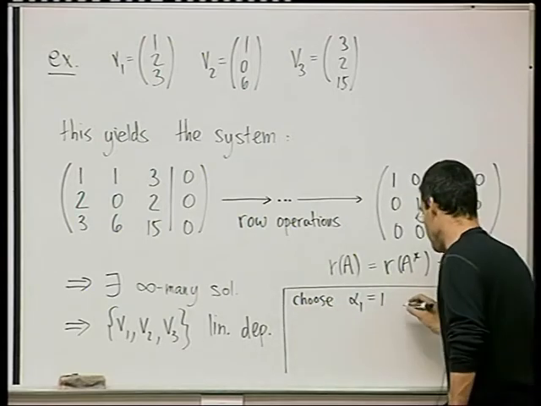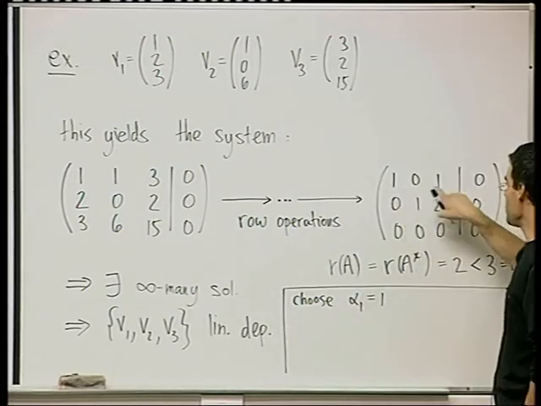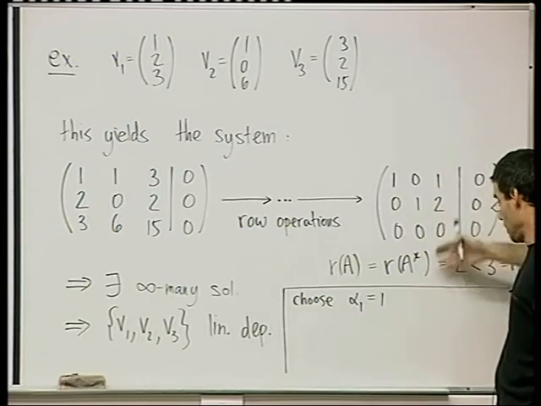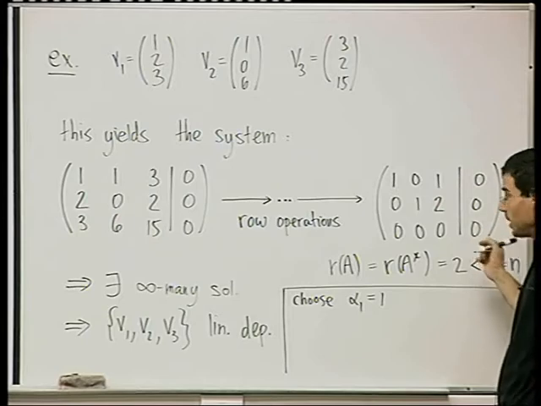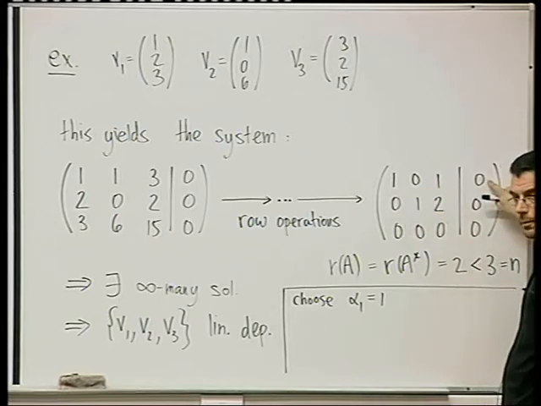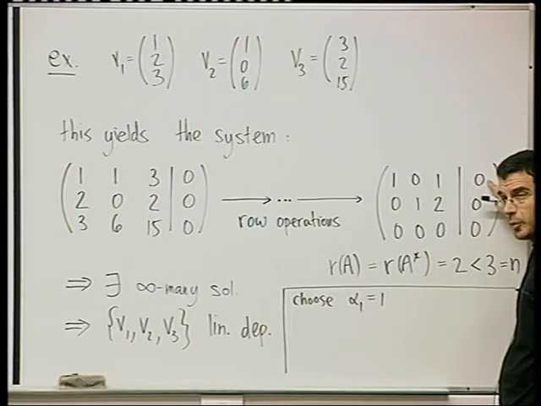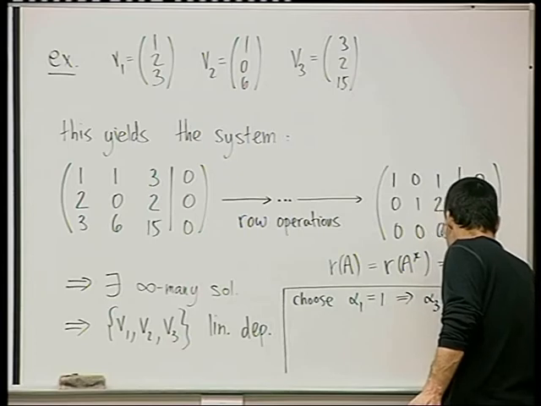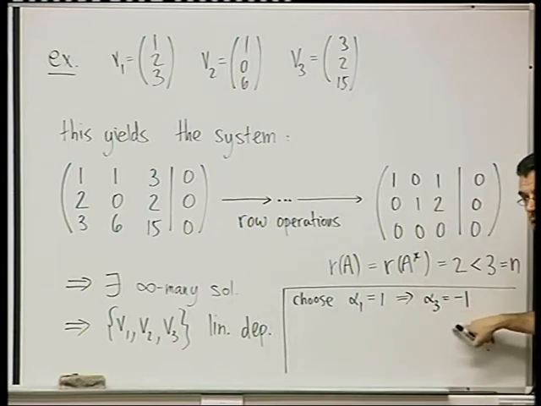If alpha 1 is 1, this equation here, once we're in the canonical form, the reduced echelon form, it's very easy to solve the system. So this says alpha 1 plus alpha 3 equals 0. So alpha 3 is minus alpha 1. So this implies that alpha 3 equals negative 1. Do you agree? Did everybody follow?